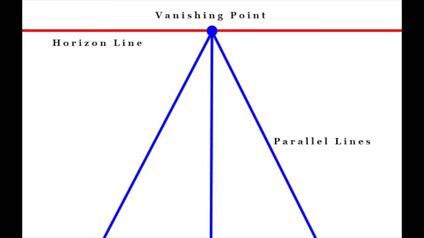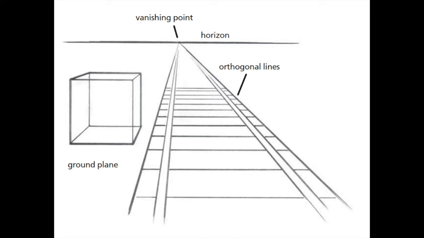So that's a great introduction into drawing perspective, and that's where we'll be focusing this lesson today. In this example, you can see the vanishing point way in the distance, the horizon line, and the ground plane on the left in the cube.